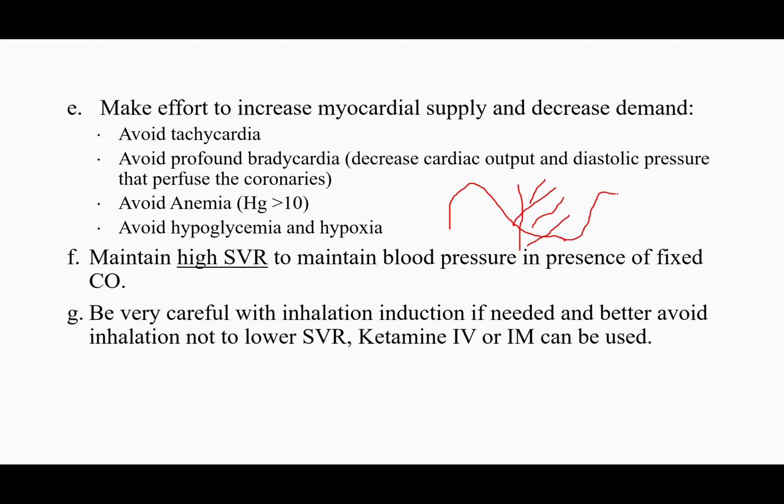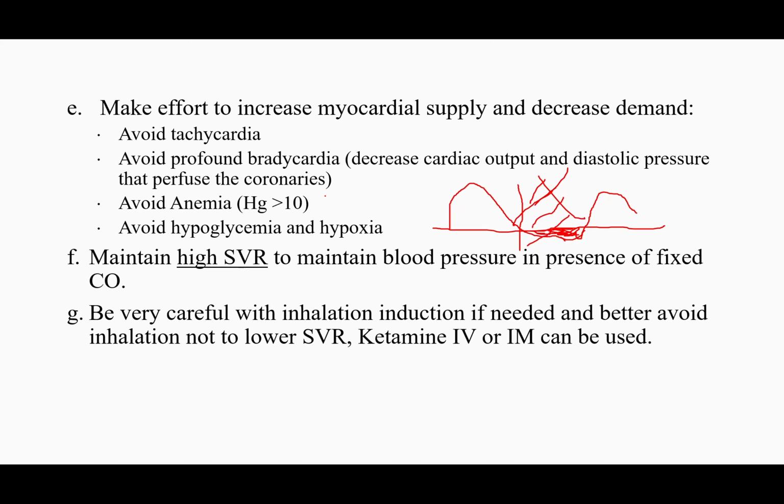So the myocardium becomes ischemic at the end of every diastolic time. So we avoid this. We maintain normocardia without tachycardia or profound bradycardia.